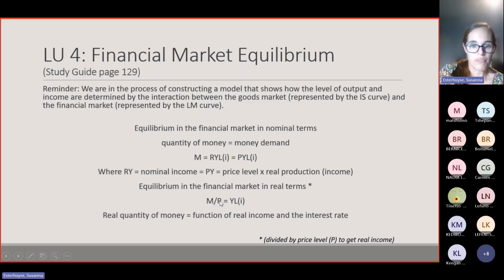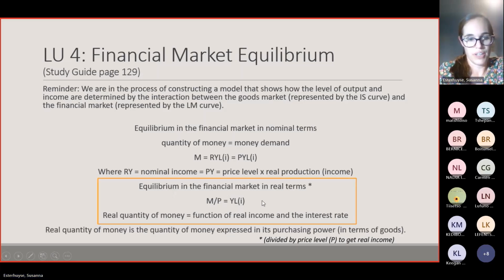So you will have M divided by P on this side, and on the other side, if you divide by P, you are left with your output and your interest rate component. So it means that it's a function of your real income and the interest rate. And the reason we do this is so that we can express your quantity of money demanded in terms of its purchasing power, in terms of goods, so that we can end up combining the IS and the LM curve.